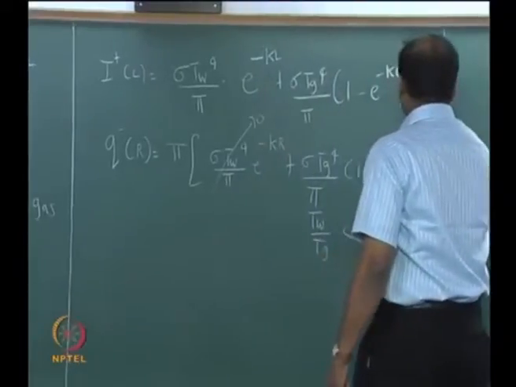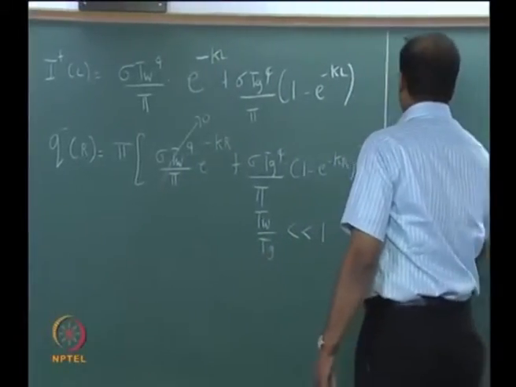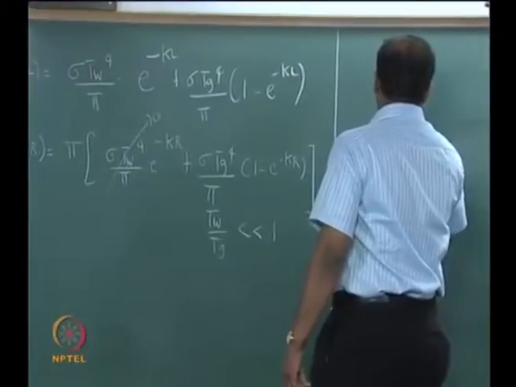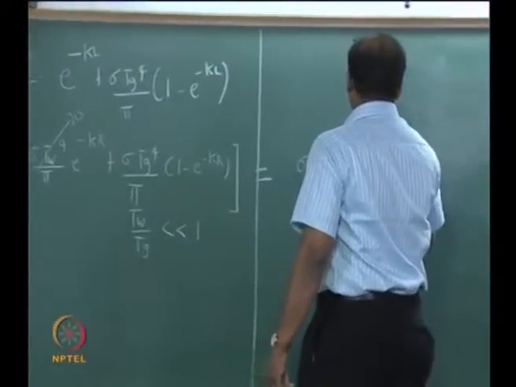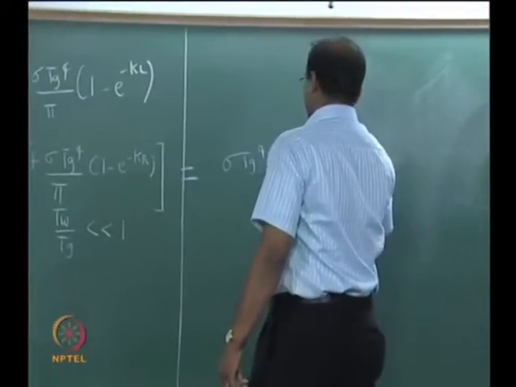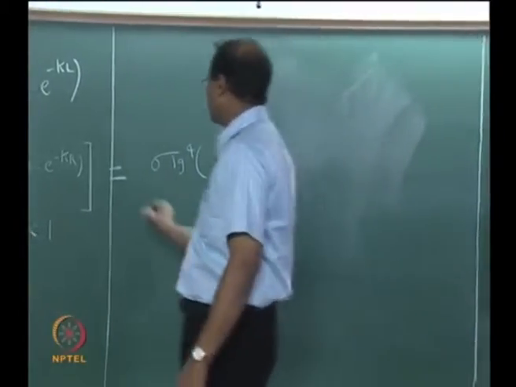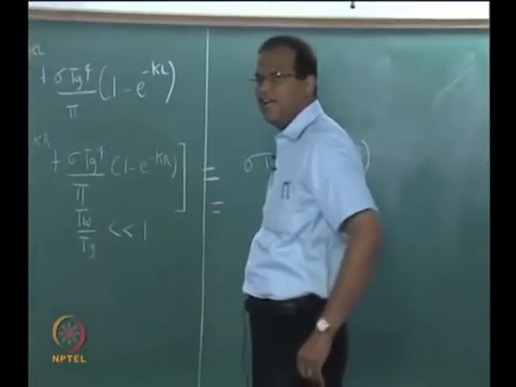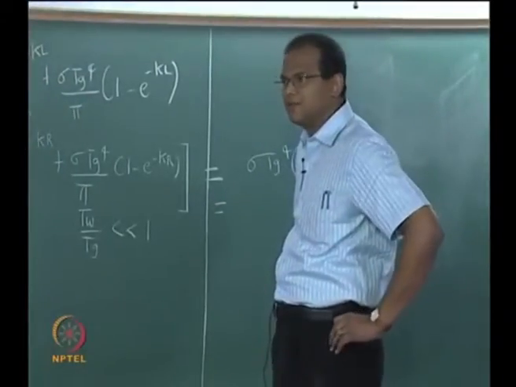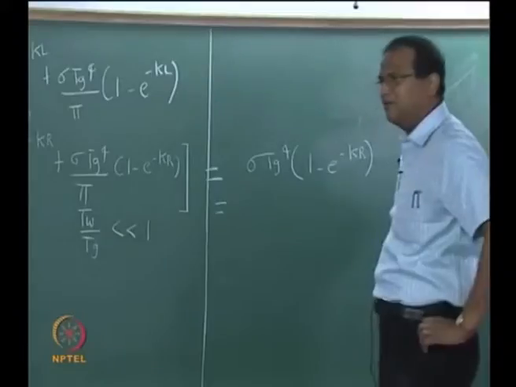Okay. So this will now become. Now for an optically thin gas, kappa r is quite small compared to 1.